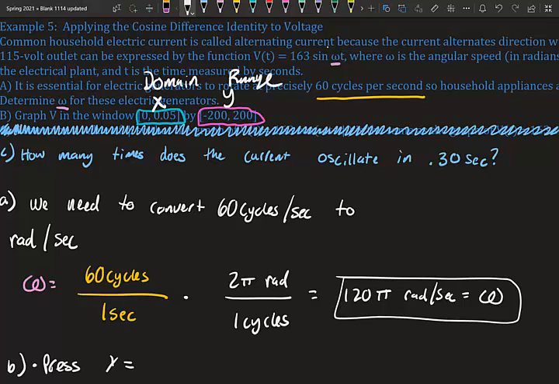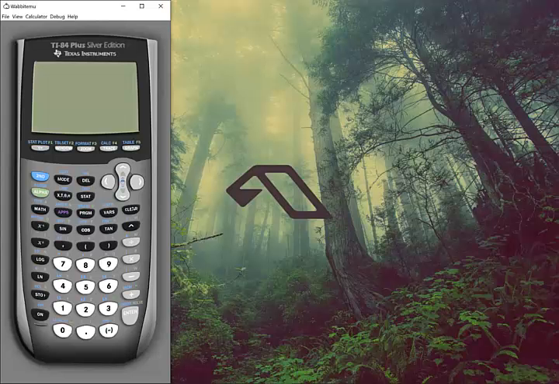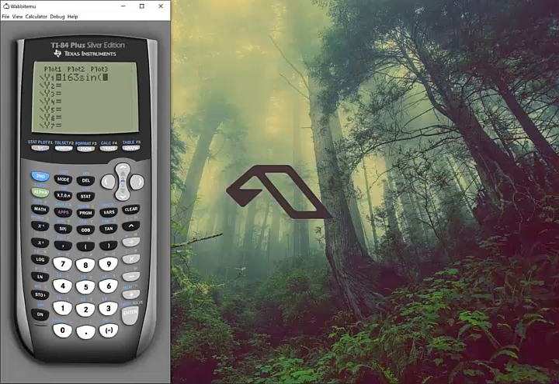So let's go ahead and do this with our calculator. You're going to hit y equals in the top left and plug in our function, 163 sine 120 pi t. T, x, theta, they all mean the same thing, we're just going to put x. Now we press window. Our x minimum needs to be 0, our x maximum needs to be 0.05.